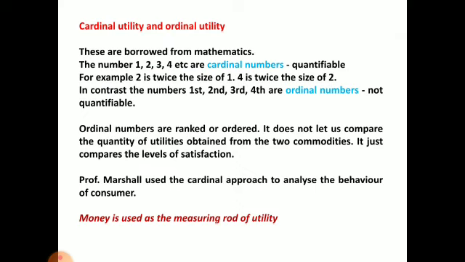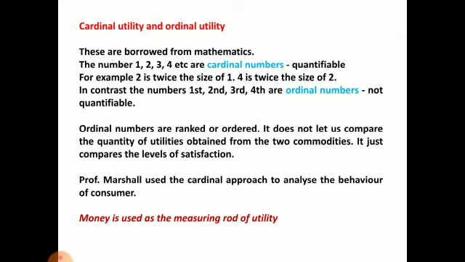The numbers 1, 2, 3, 4, etc. are cardinal numbers. The number 2, for example, is twice the size of 1, and 3 is thrice the size of 1. Similarly, 4 is twice the size of 2. Here it only means that the cardinal numbers are quantifiable.